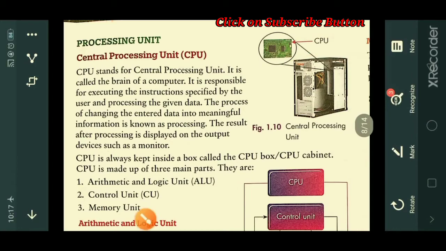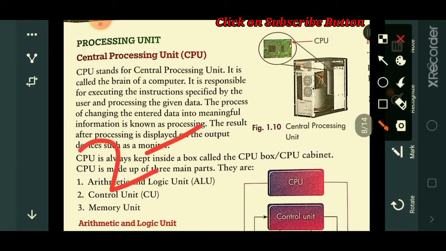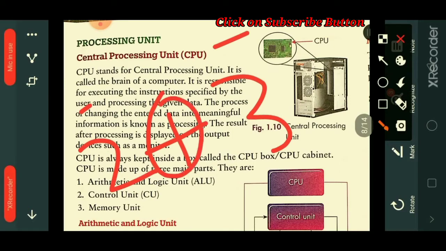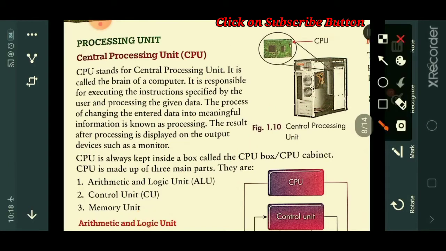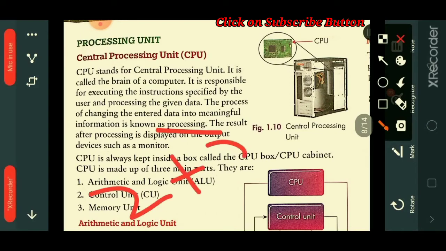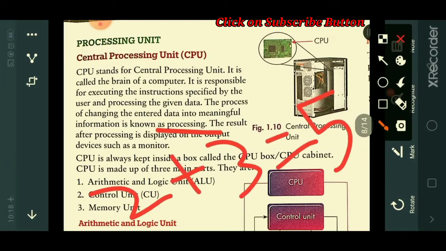For example, if you give the data 2 and 3 with the instruction plus, then the CPU processes the given data and the instruction and gives the output. So once it adds 2 plus 3, after processing we get the result 5.